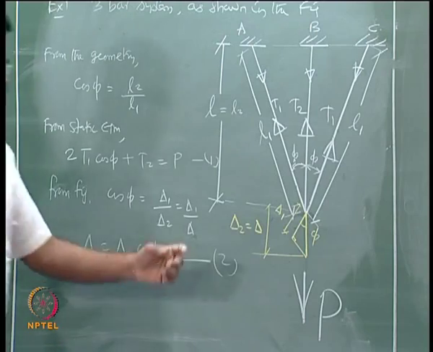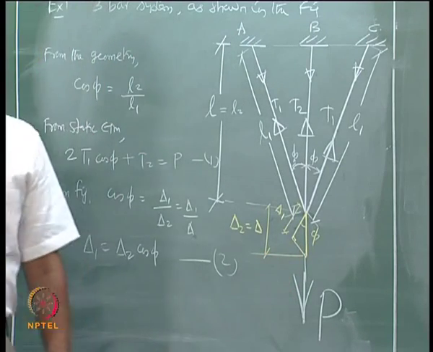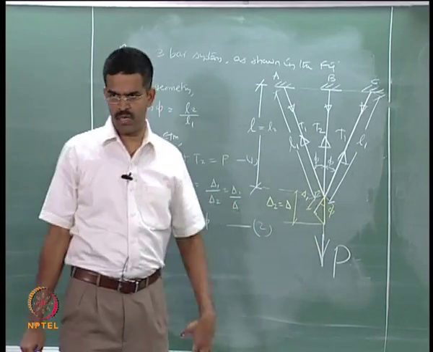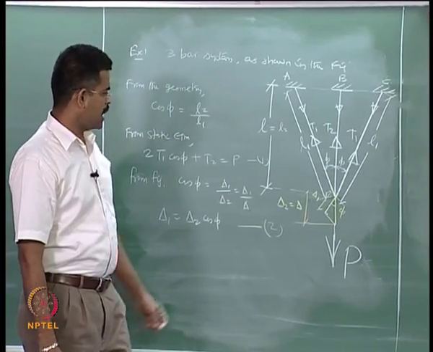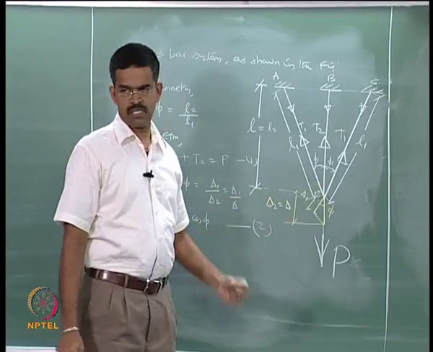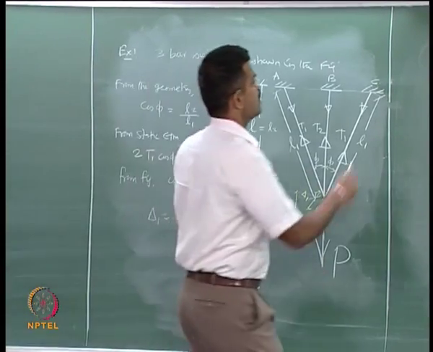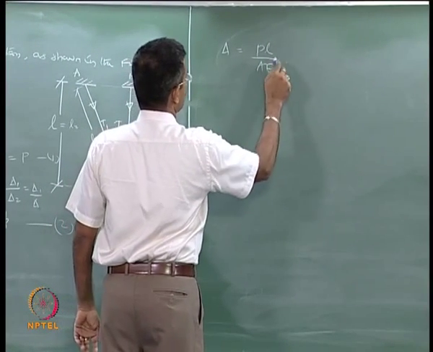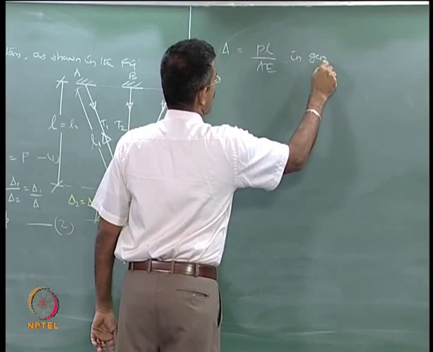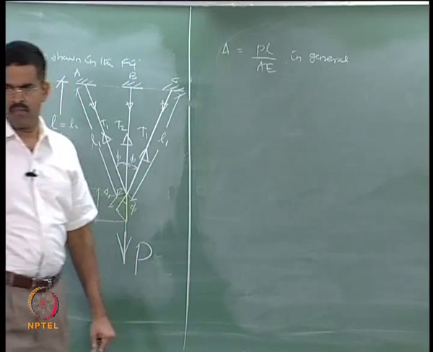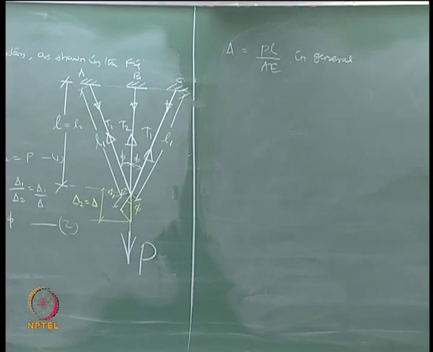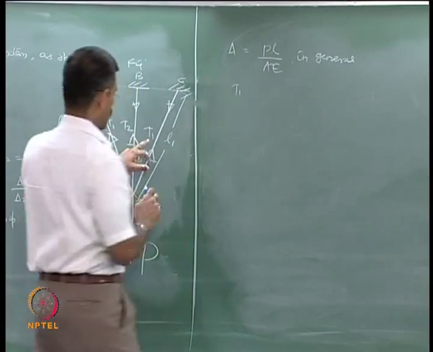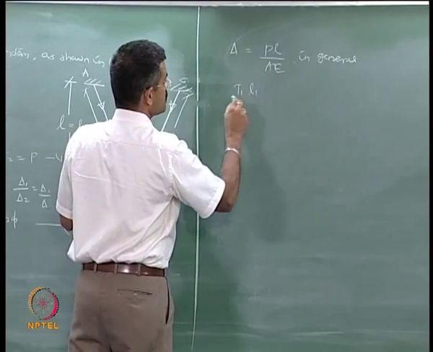We keep on applying this load P, so the elongation will remain first elastic, then will go to plastic stage. As long as the elongation or the delta extension is elastic, this delta can be given by the simple expression PL by AE in general, is it not? To be very specific, T1 is the load on the first rod, L1 is the length.